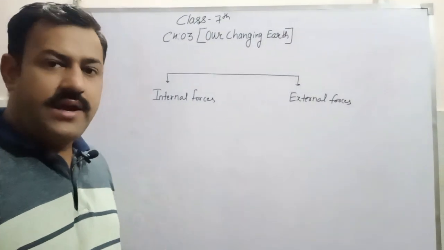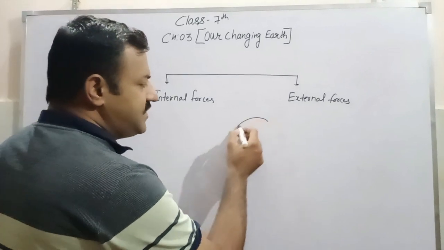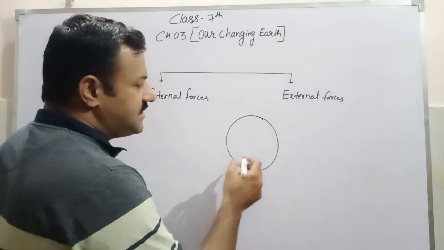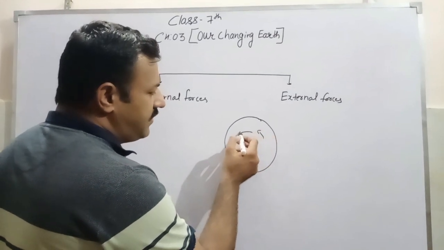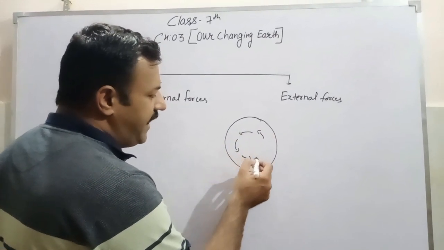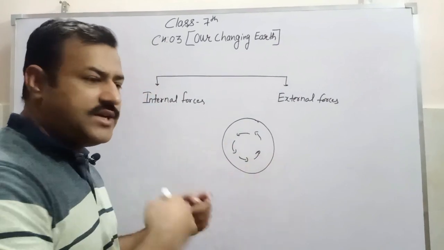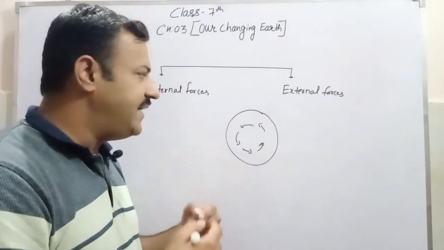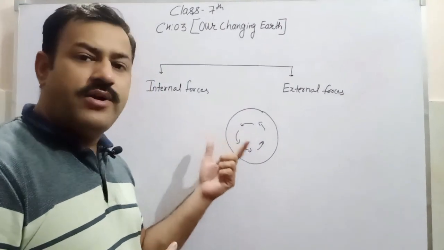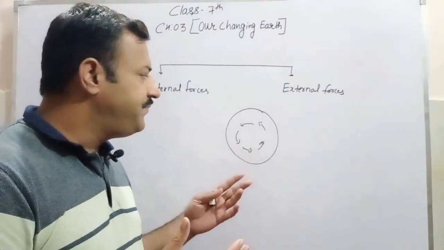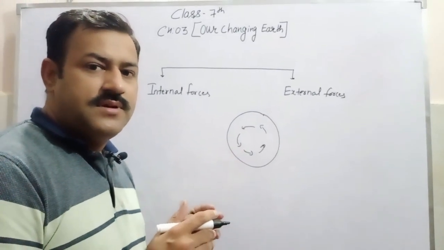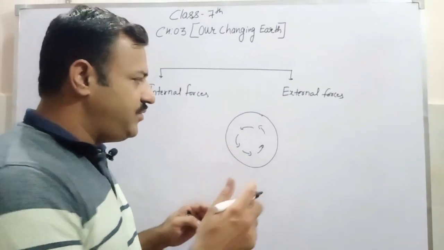On and under our earth crust, suppose this is our earth. Inside the earth crust, the magma, molten material magma, is doing a circular motion every time. It is moving slowly inside, and just because of the movement of this magma inside the earth crust, the tectonic plates, crust plates or lithospheric plates, you can see.